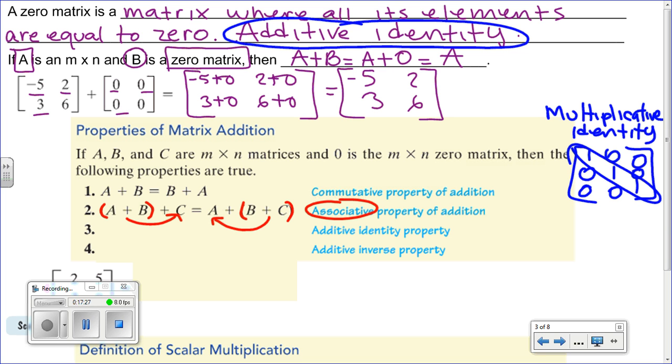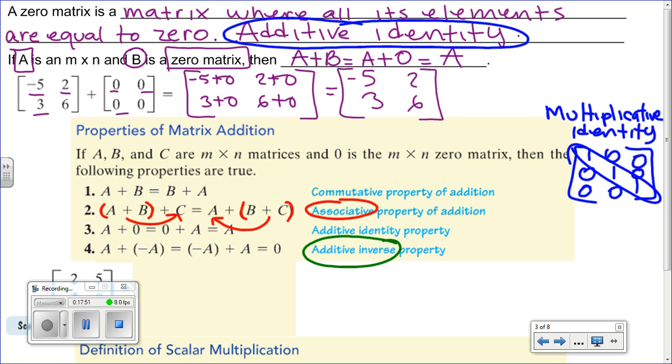And we also have the additive identity, which is the zero matrix. Since addition is commutative, adding the zero matrix second or first, you will get the same result. And the last one talks about the additive inverse.